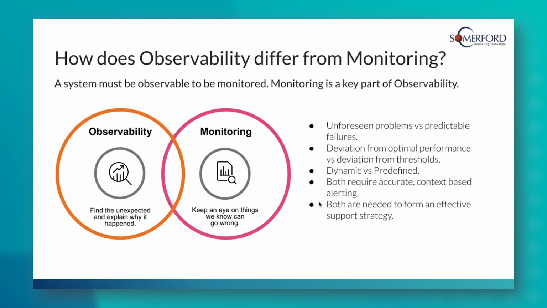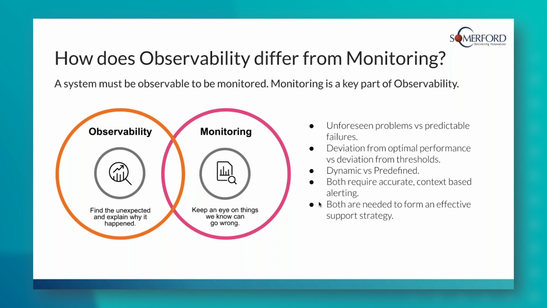So when we talk about observability, we're looking to find the unexpected things and explain why it happened. Whereas with classic monitoring solutions, we're keeping an eye on things that we know can go wrong. One example might be something like disks running out of space or very high network latency. These are things that we know can go wrong, so we monitor them.